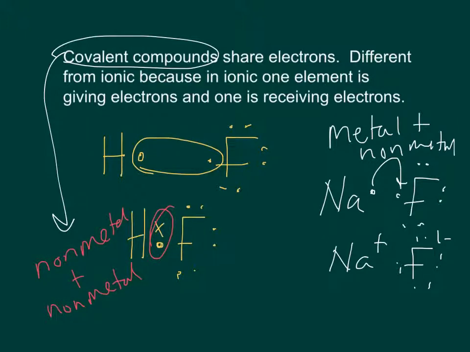So let's go and see a couple other examples. Alright, so let's say we actually have fluorine, which is 1, 2, 3, 4, 5, 6, 7, okay, plus another fluorine, which has 1, 2, 3, 4, 5, 6, and 7. So when these two come together, they're going to share those two electrons there.